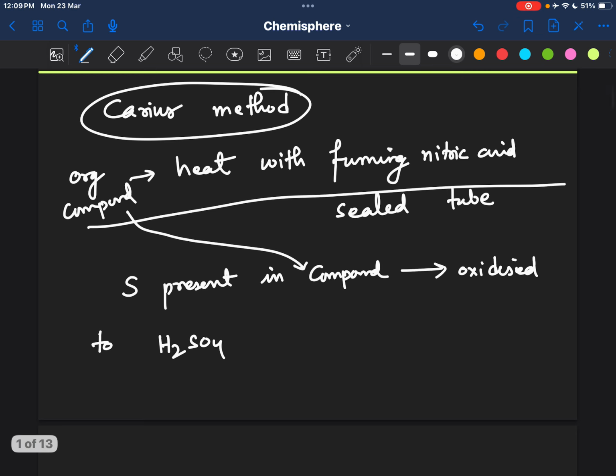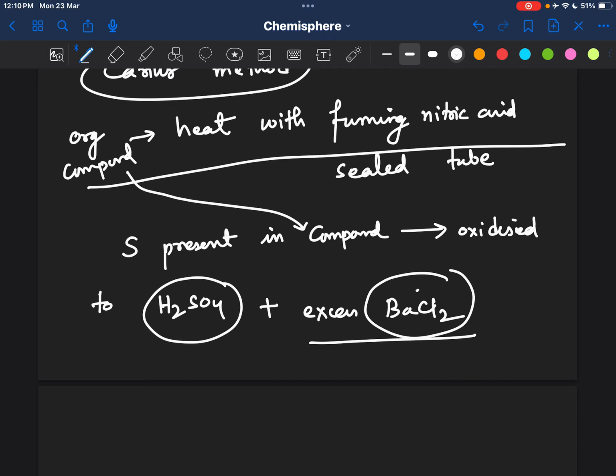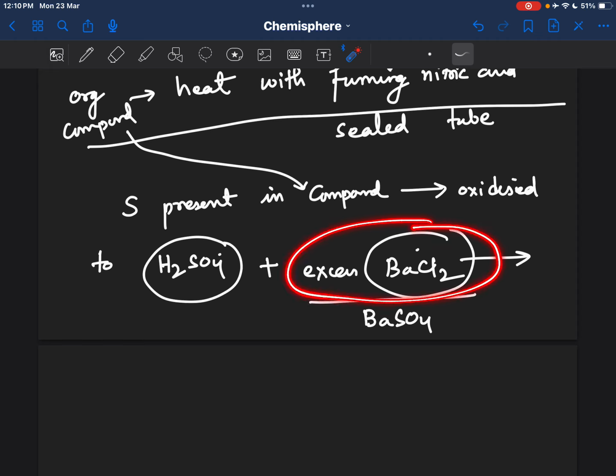To this sulfuric acid we add excess of BaCl2, because whenever these two react, we get a white precipitate of BaSO4. So we add excess BaCl2 so that the H2SO4 is precipitated as BaSO4, which is a white precipitate.